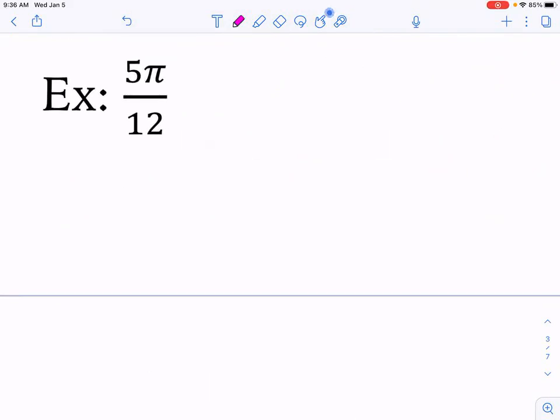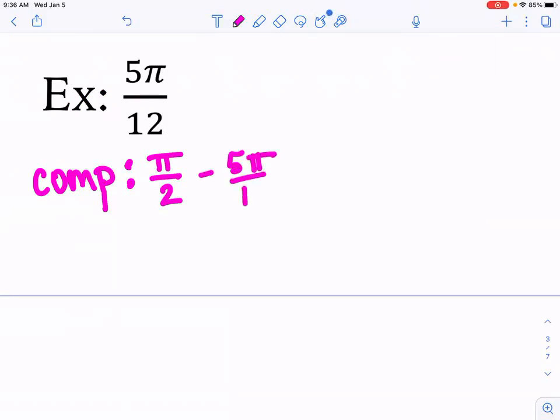I want to find first its complement. We said two angles are complementary if they add up to be 90 degrees. Well, we're in radians, so we need to work with pi over 2. So pi over 2 should be the sum of 5 pi over 12 and its complement. So we need to take pi over 2 and subtract 5 pi over 12 so we can figure out what its complement is.